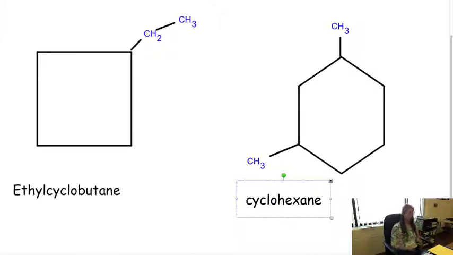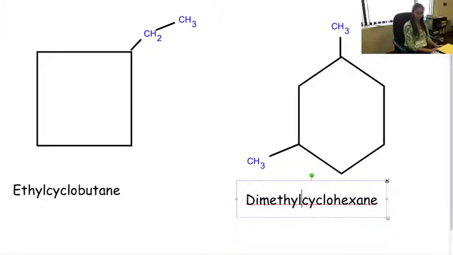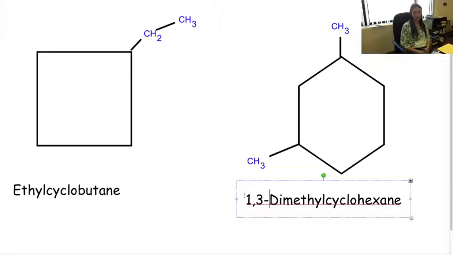I have 2 methyl groups, so I'm going to have a dimethyl. Now I need the numbers for these methyls. It really doesn't matter which way you go. I can go 1 on this one, 2, 3, or go 1, 2, 3 the other way. It doesn't make a difference. It's still going to be 1, 3. So we go 1,3-dimethyl cyclohexane.